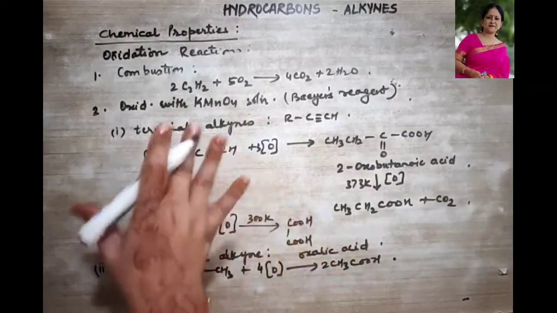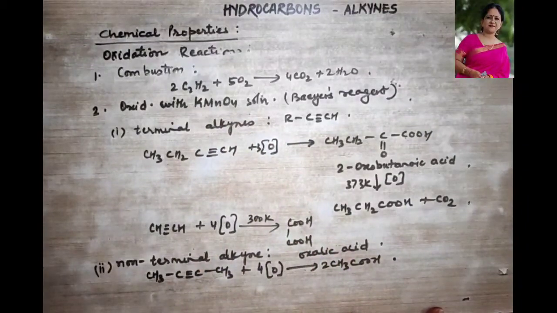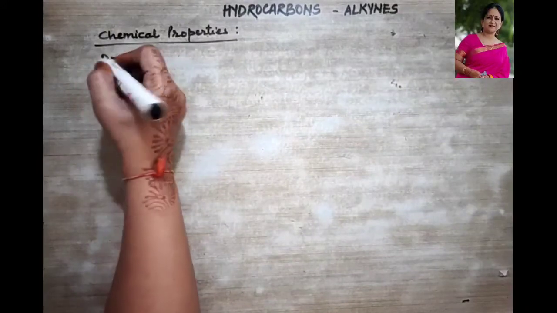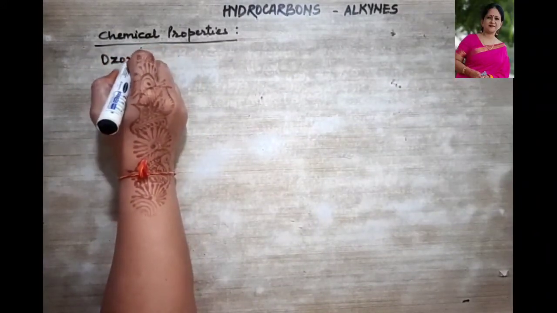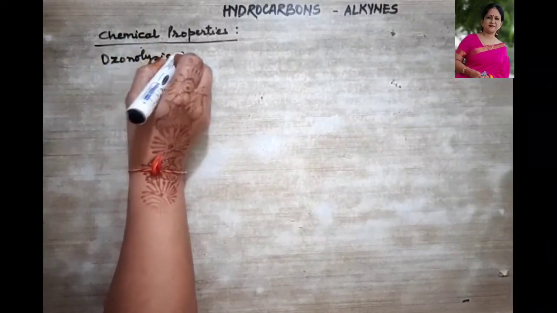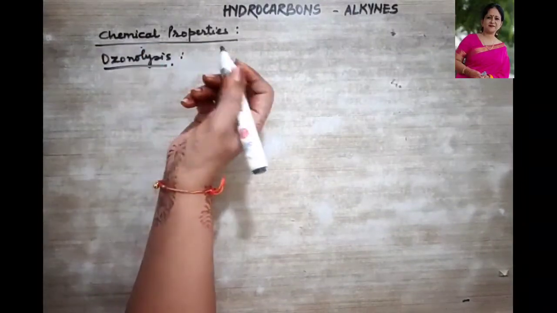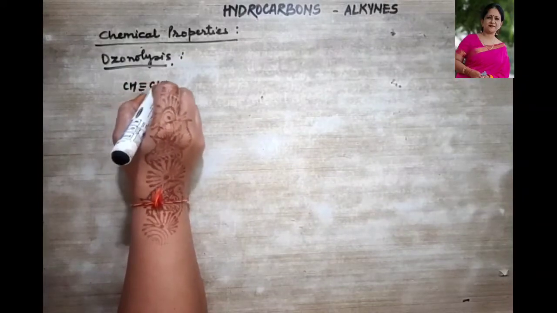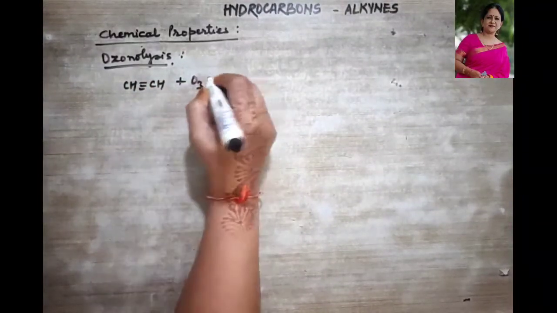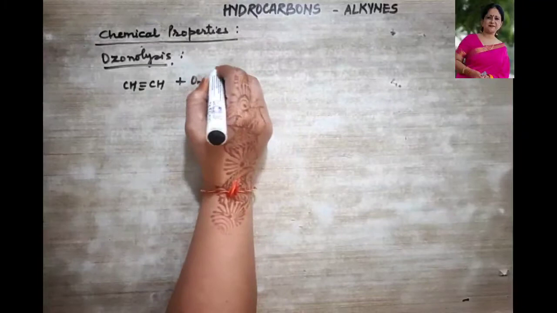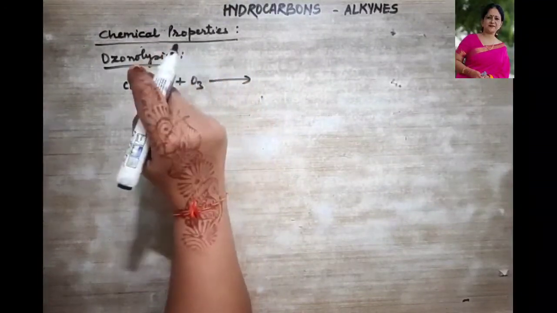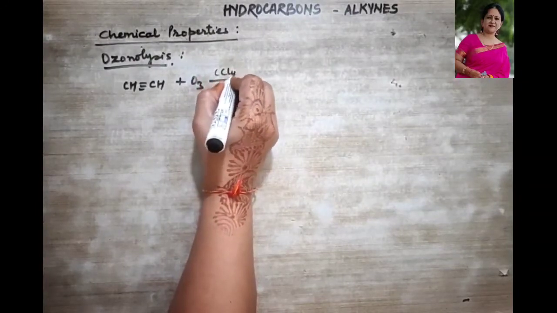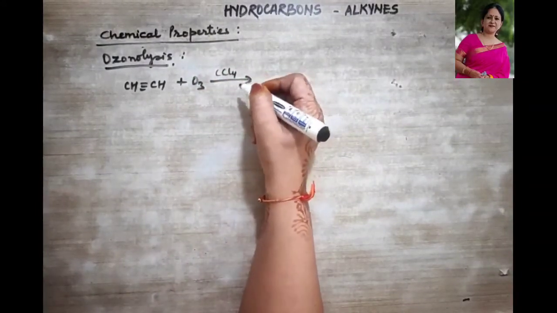I hope all the oxidation reactions are also very clear to you. Ozonolysis is also included in oxidation reactions. This is one of the reactions which you have already done before for ethyne. So let us do this also. Ethyne, when treated with ozone in the presence of carbon tetrachloride, what is it going to form?